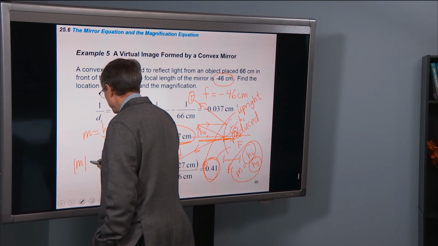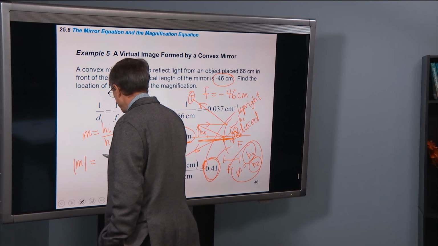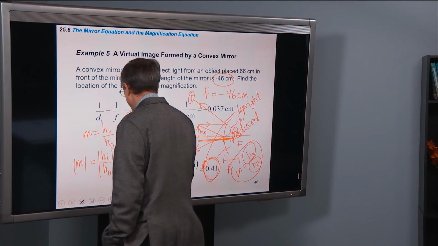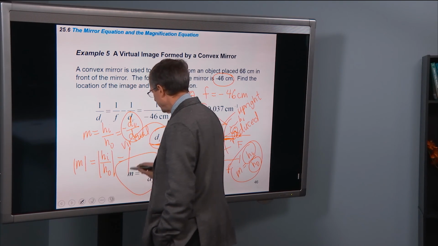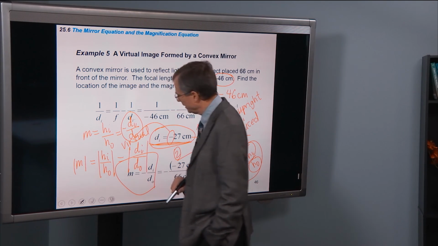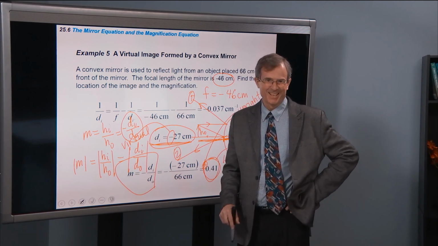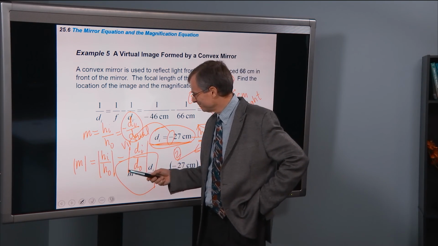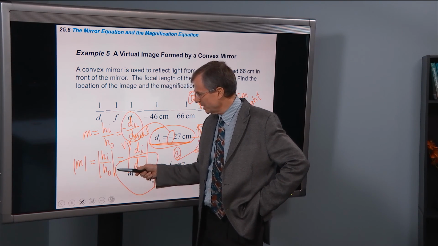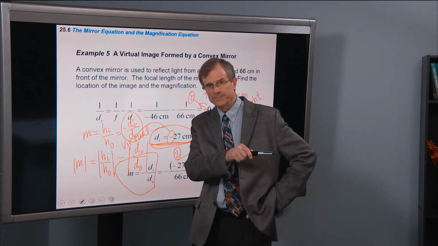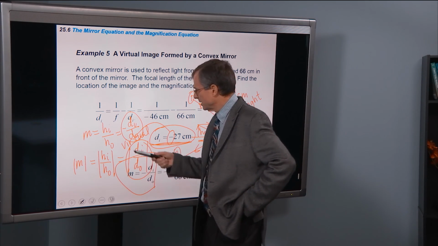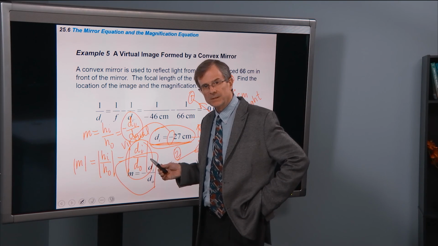The absolute value of the magnification is the absolute value of h_i over h naught, which is equal to the absolute value of d_i over d naught. What that says is that if the image is reduced, then the absolute value of h_i over h naught would be less than 1. If that's true, then the image is going to be closer to the mirror than the object.